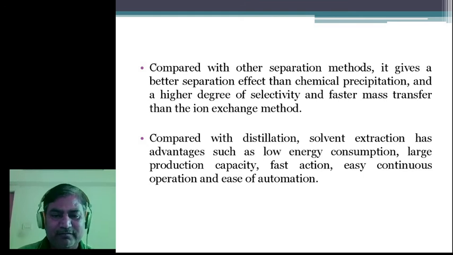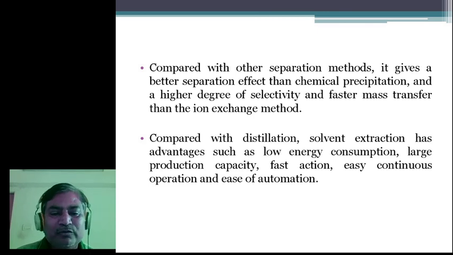Is it right? So in this first short lecture, we have studied the following. The separatory funnel is one of the glass apparatus used for the solvent extraction process. Second thing, solvent extraction is one of the purification techniques as well as a separation technique.